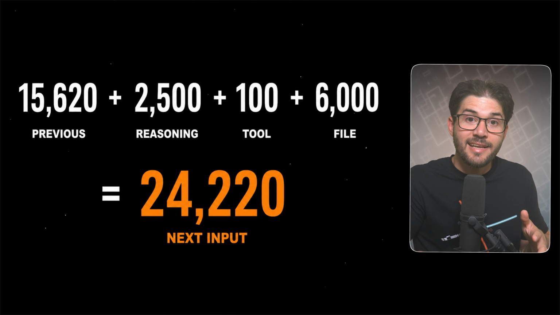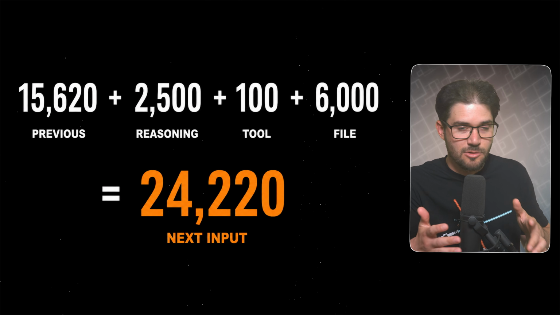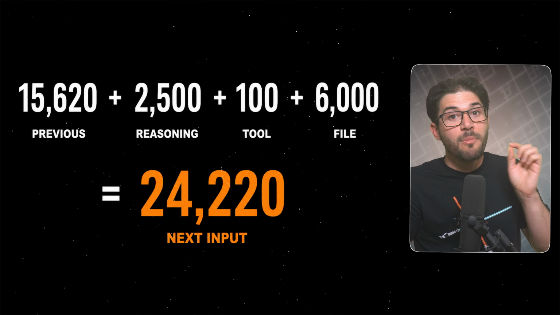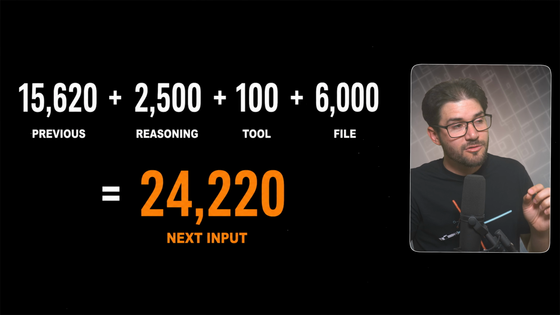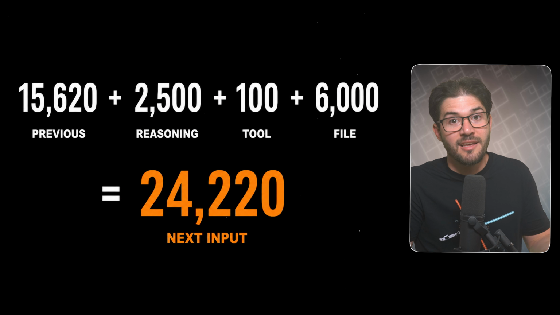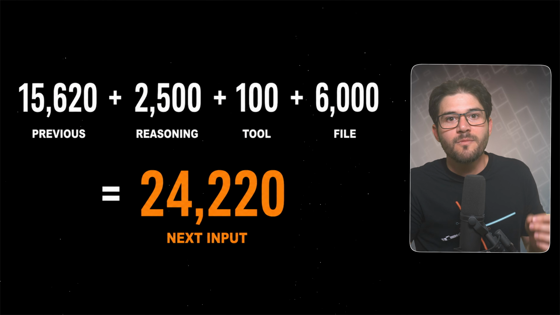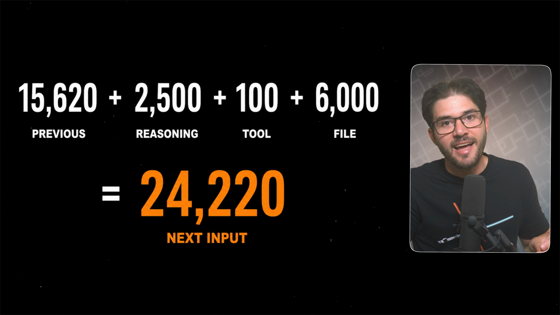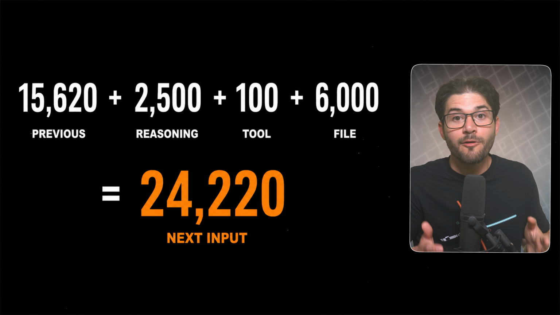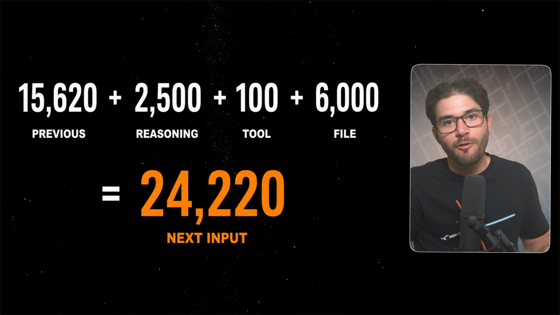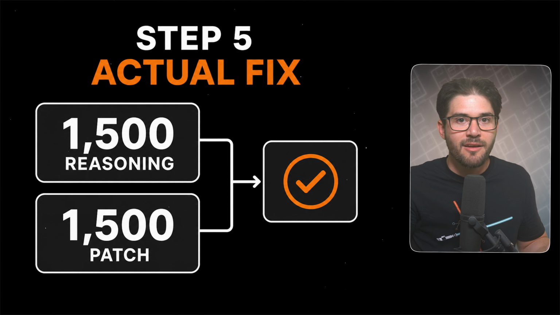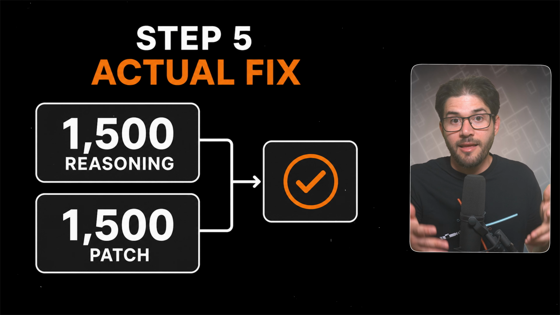The input for the next step is the previous context, which was, do you remember, 15,620 tokens, plus the new thoughts of 2,500 tokens, plus the new tool call of 100 tokens, plus the new file of 6,000 tokens, for a total input for the next step of 24,220 tokens.